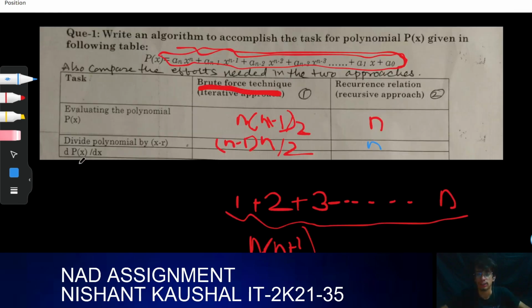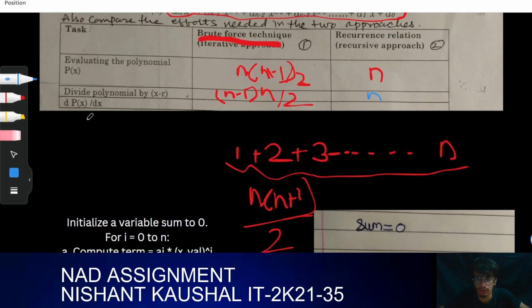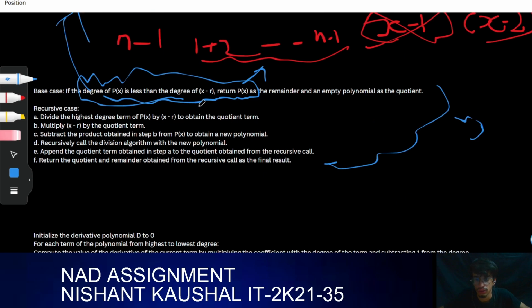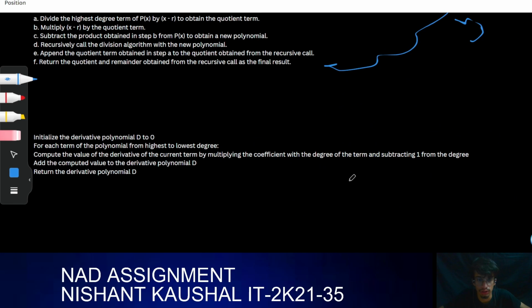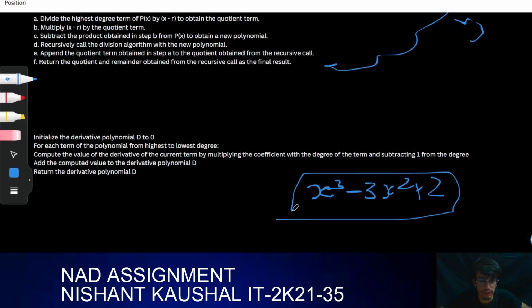Let's go to the last case, that is D(P(x)), the differential of the polynomial. So in the differential of a polynomial, as we know, in this case all the terms of the polynomial will be differentiated continuously, right, in a for loop of 1 to n.